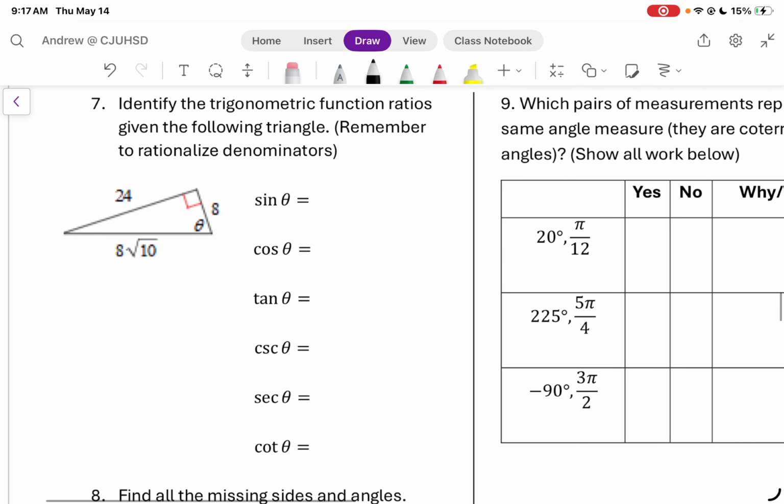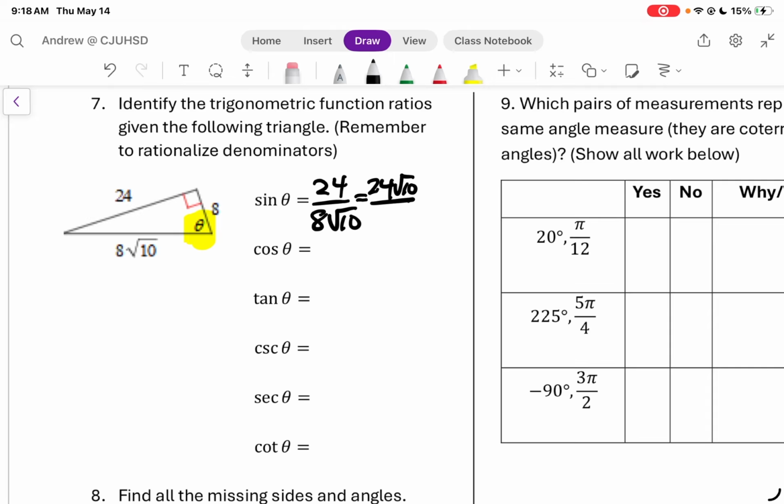Okay, identify the following trig ratios of the angle. Here's the angle right here. The sine would be 24 over 8 root 10. But if I rationalize that by multiplying top and bottom by root 10, that gives me 24 root 10 over 8 times 10.